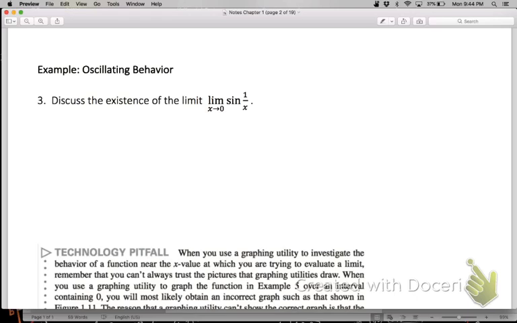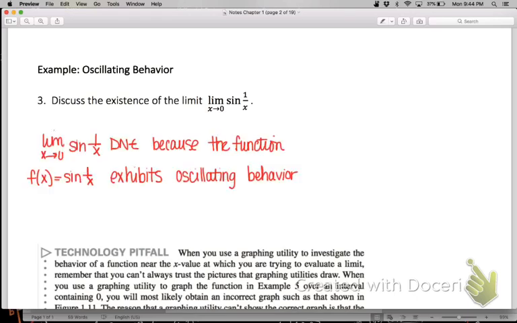Hold on just a second. So what you would want to say is that the limit as x approaches 0 of the sine of 1 over x does not exist because the function f of x equals sine of 1 over x exhibits oscillating behavior. I believe that is going to be enough to state why the limit does not exist in this case. It never approaches one value. As soon as it gets close to 1, it starts heading back towards the other one. And so that's the case.